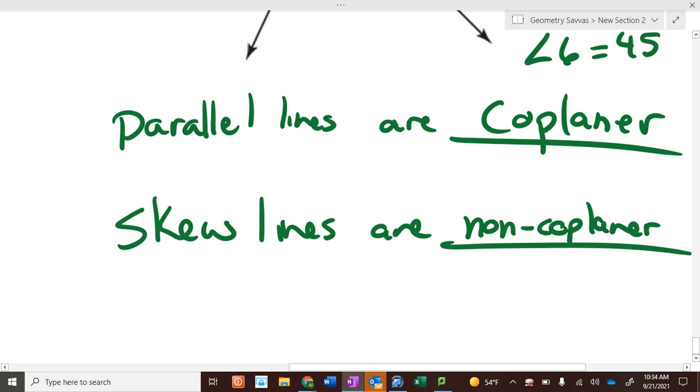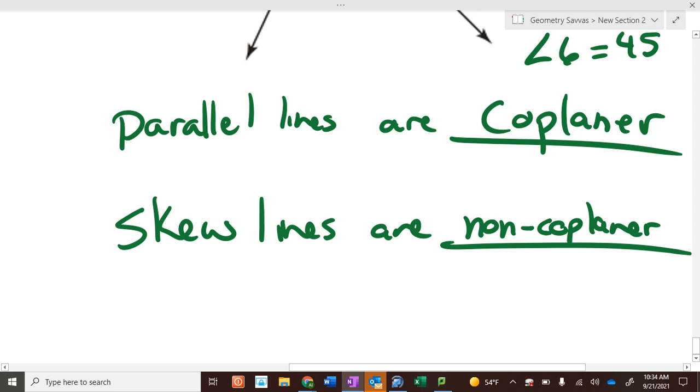Okay, they are parallel. But if you look at this ceiling line going this way and this edge between the floor tiles going this way, they don't intersect, do they? But they're not parallel, so they're said to be skew because they're in two different planes, the floor and the ceiling, and they don't intersect, and they're not parallel.